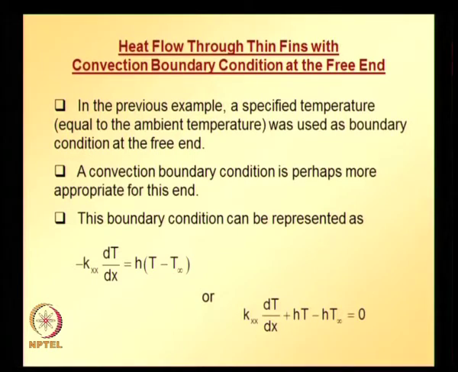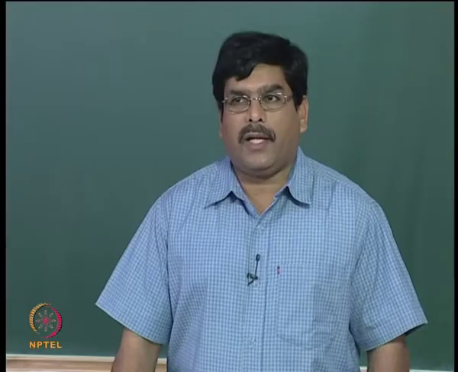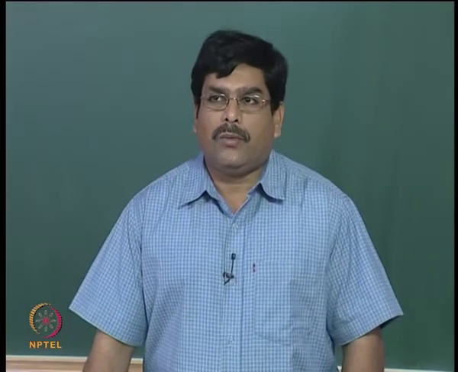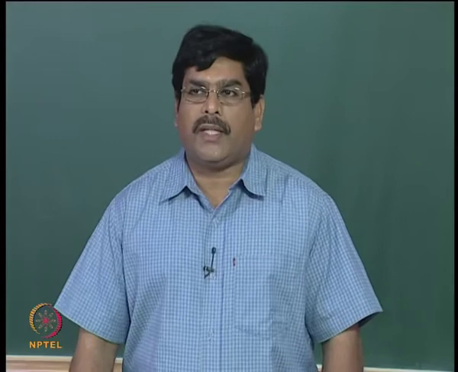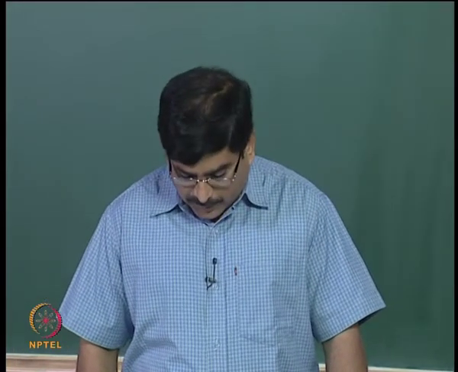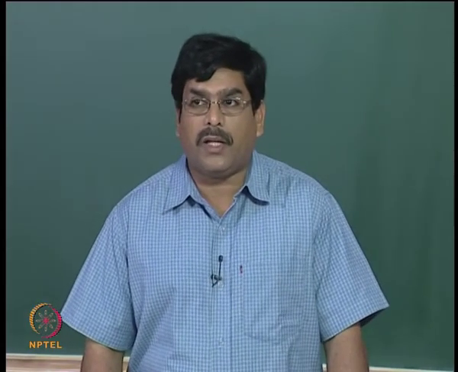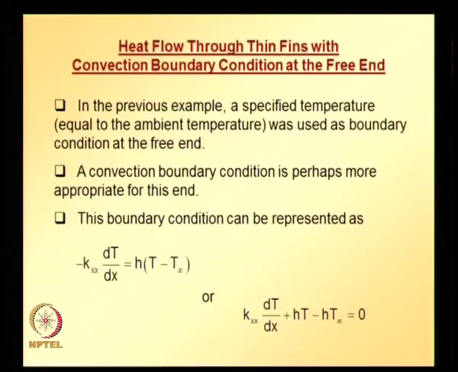Since node 4 corresponds to element 3, the element 1 and 2 equations remain the same as what we have seen in the last example, and for element 3 which consists of node 4, we need to have this boundary condition. So, the element equations for that particular element 3 are going to be a little bit different, because we need to include these boundary conditions.